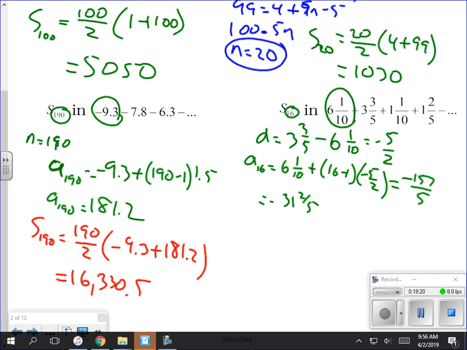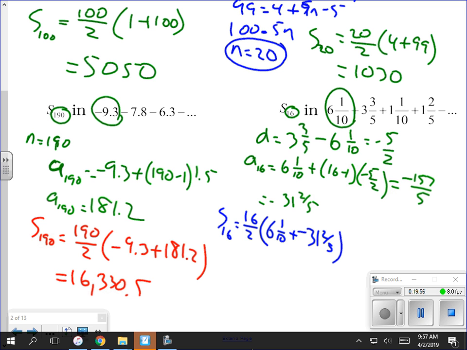So I need to find my total. The sum of the first 16 numbers is 16 divided by 2 times my first number, 6 and 1/10, plus my last number, which was -31 and 2/5. Plus 6 and 1/10, times 8.